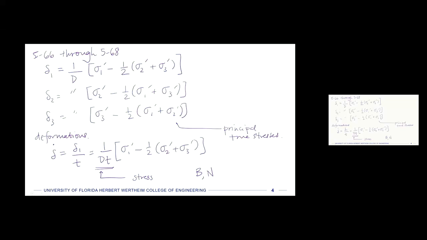So in a uniaxial test, all we have is the sigma 1 prime, right? And we're just going to keep that as some value. And then the other 2 components, sigma 2 prime and sigma 3 prime, go to 0. It's a uniaxial test.